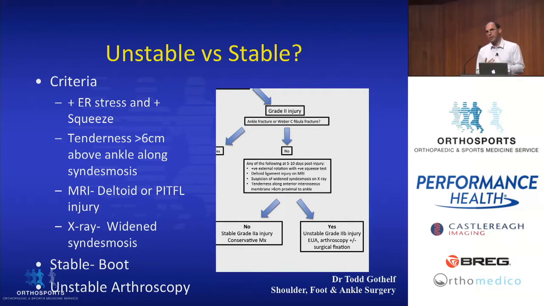And on x-ray, they looked for a widened syndesmosis. If any of these were positive, they considered them type 2B or unstable, and determined that these should get an arthroscopy and fixation if needed. And if they didn't have any of these findings, they treated them conservatively.